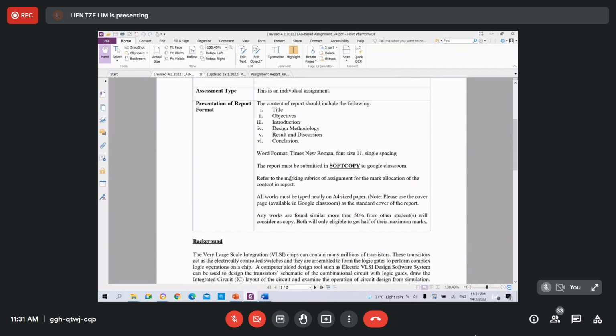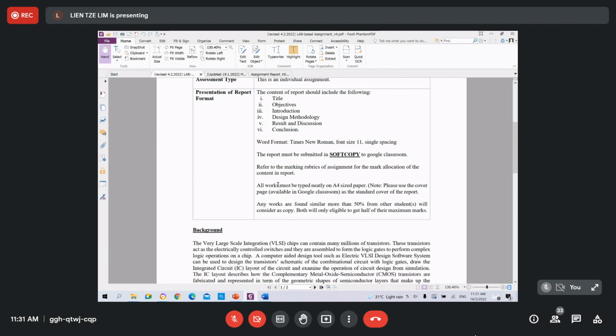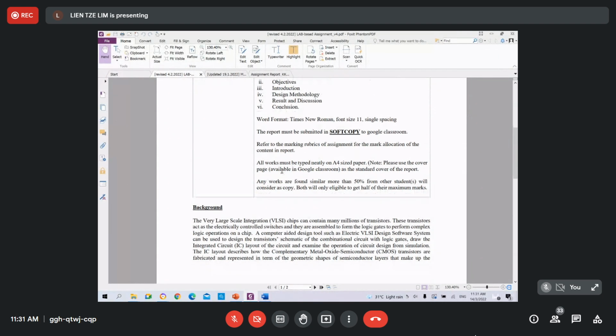I will assign the submission later, then you can submit your report. The marking rubrics of this assignment are also attached. You can refer to the marking rubrics to see how your assignment report is assessed.